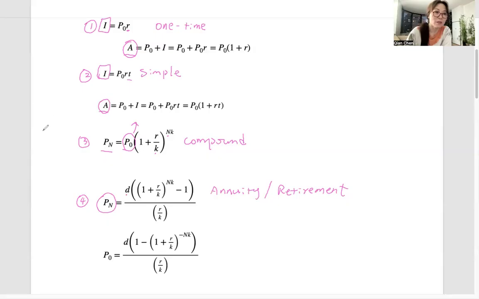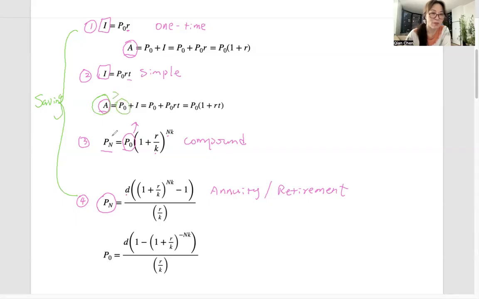So for all those 4, what do we have? It's all saving money, right? So this is like getting more money. So the account, this A increases, getting bigger than P naught.